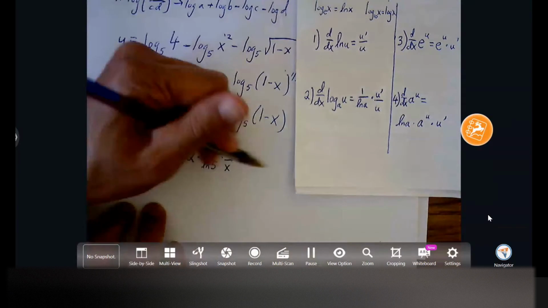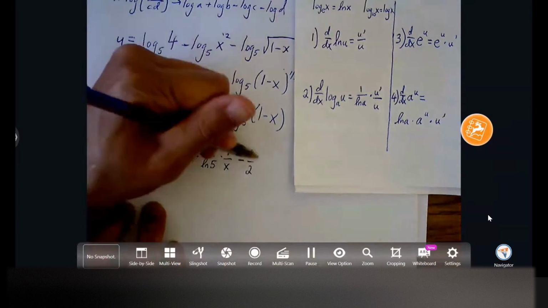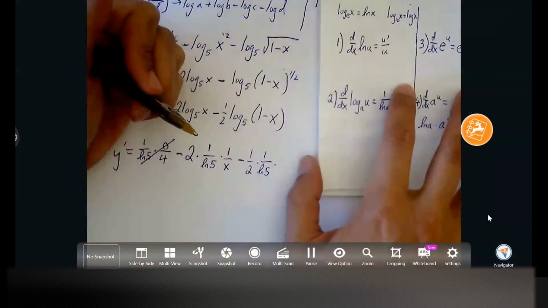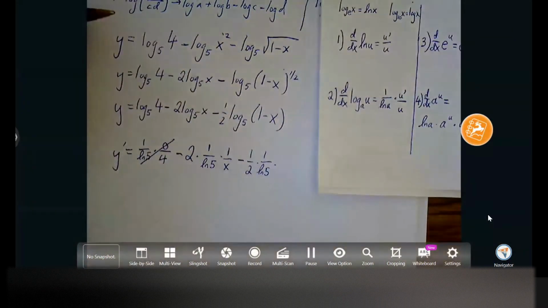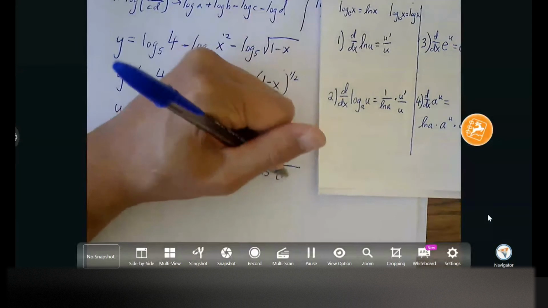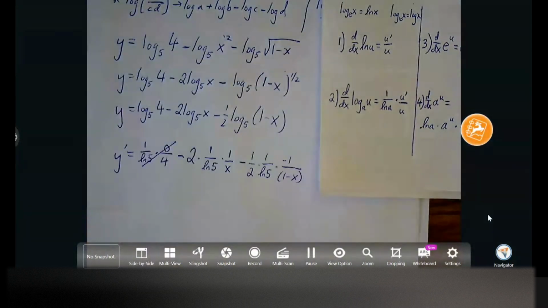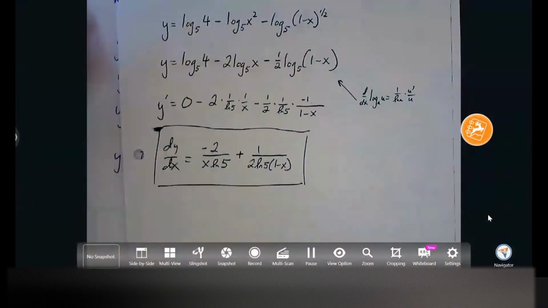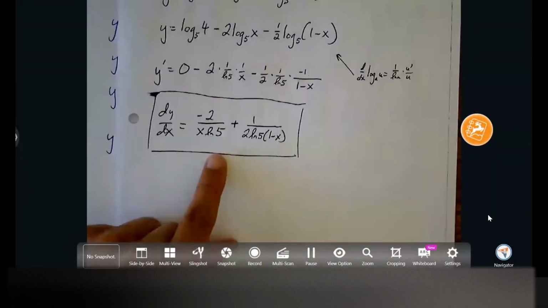Yeah, times negative 1 over... Yeah. We can clean it up a little bit more.